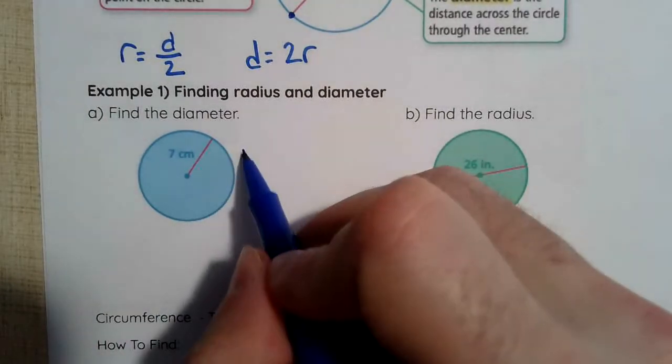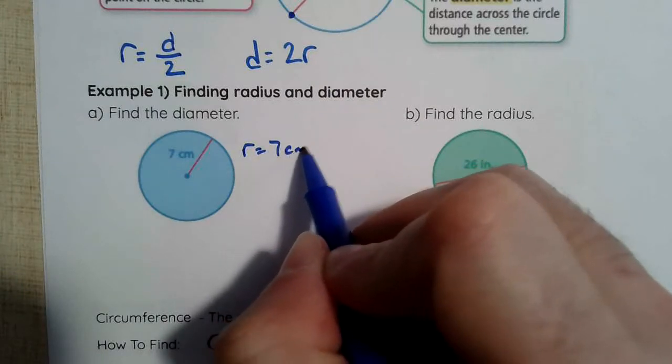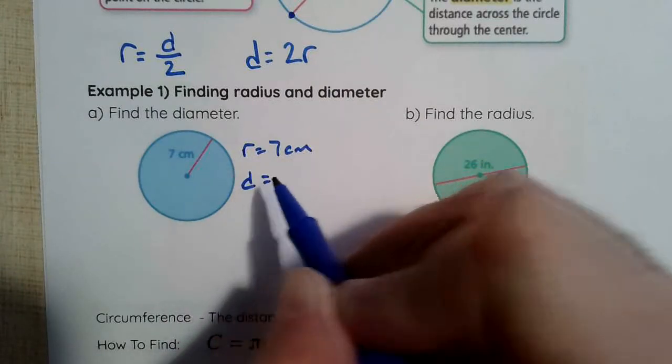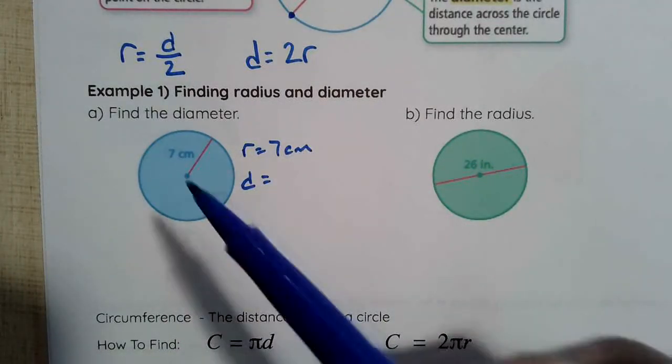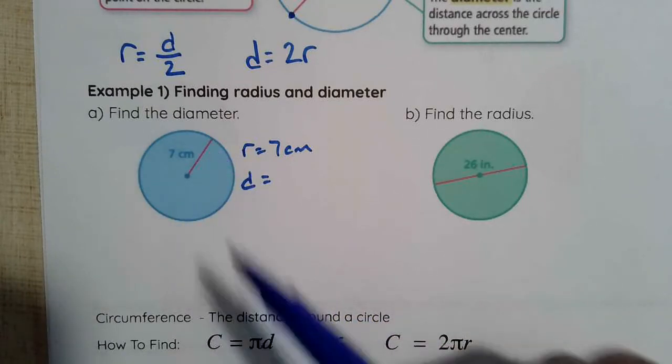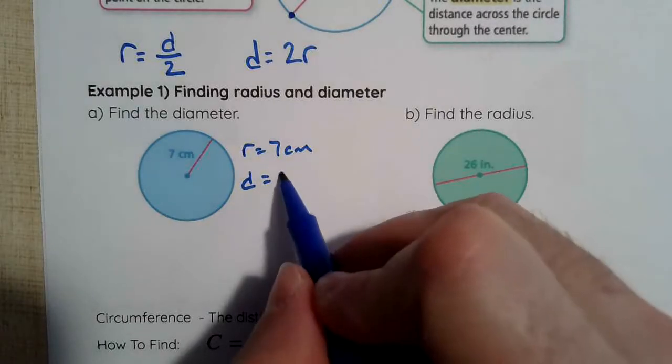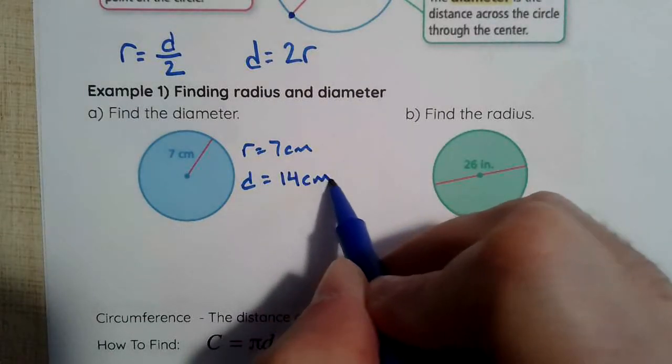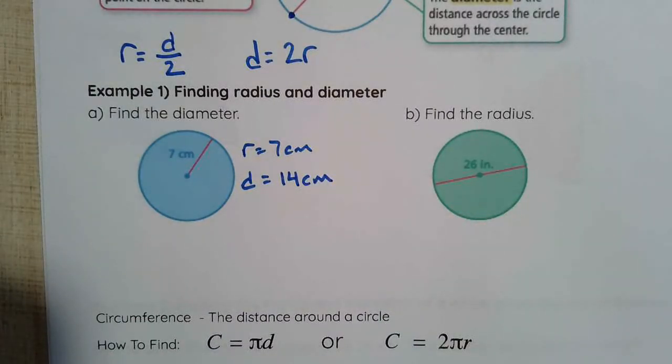The radius is 7 centimeters. The diameter is twice that, as if we extended through the center to the other point on the circle: 14 centimeters. So the diameter of this circle is 14, the radius is 7.